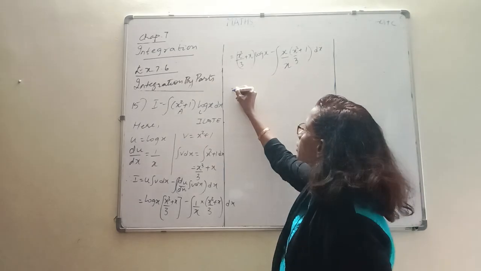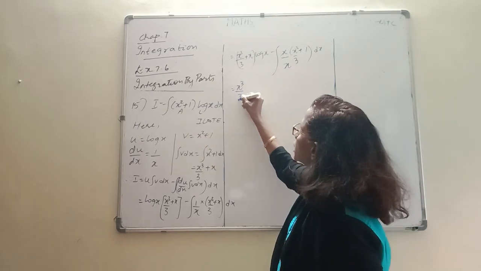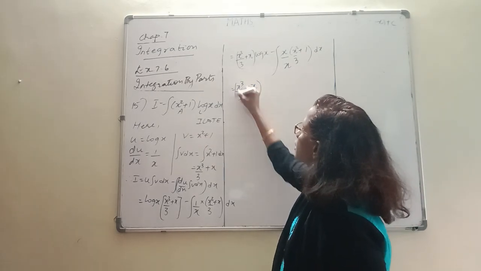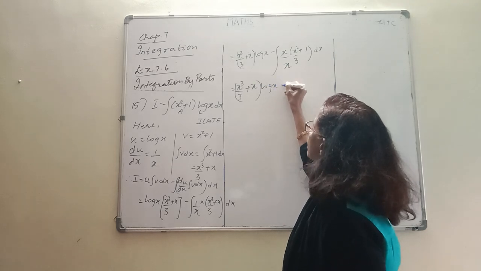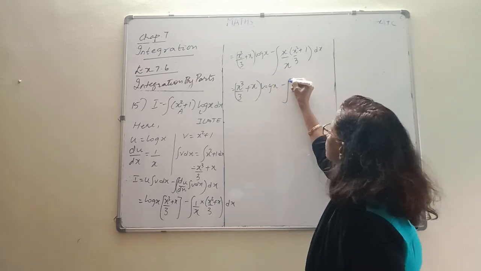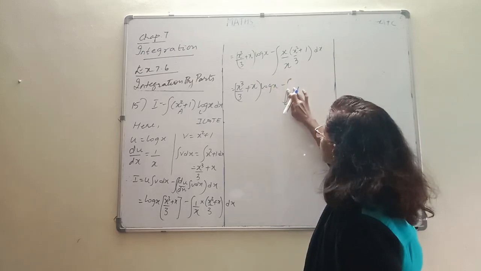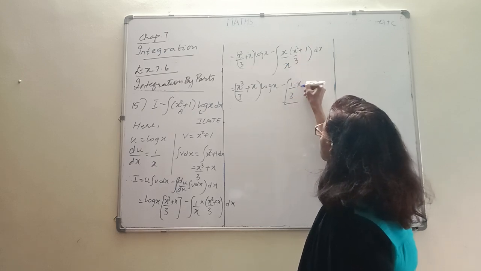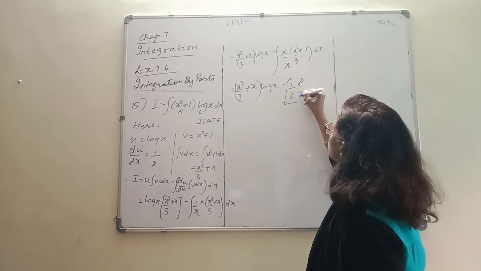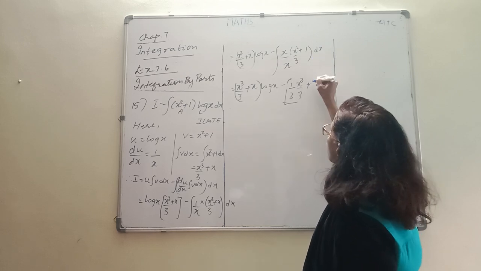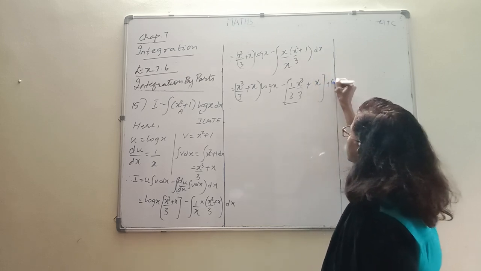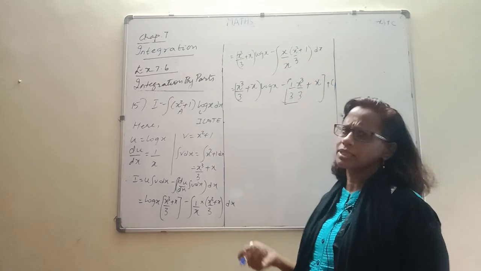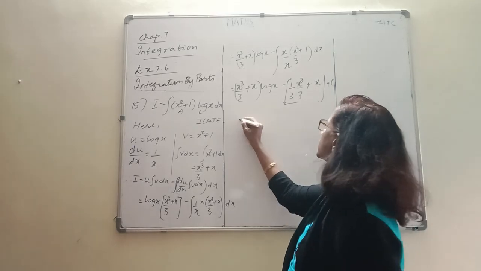So let's see now what will come. It's x cube over 3 plus x, times log x, and we can get the integral right away. The integral of x squared over 3 is x cube over 9, and the integral of 1 is going to be x, plus c. That's the answer. Now it's only a matter of organizing it.